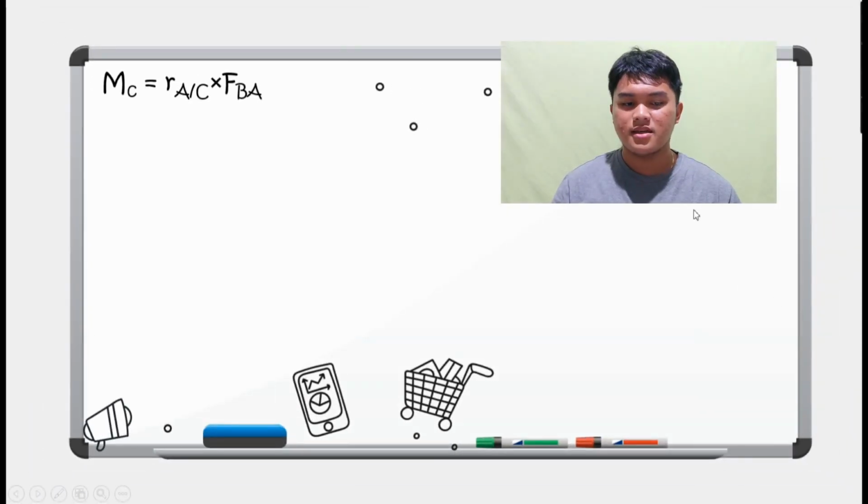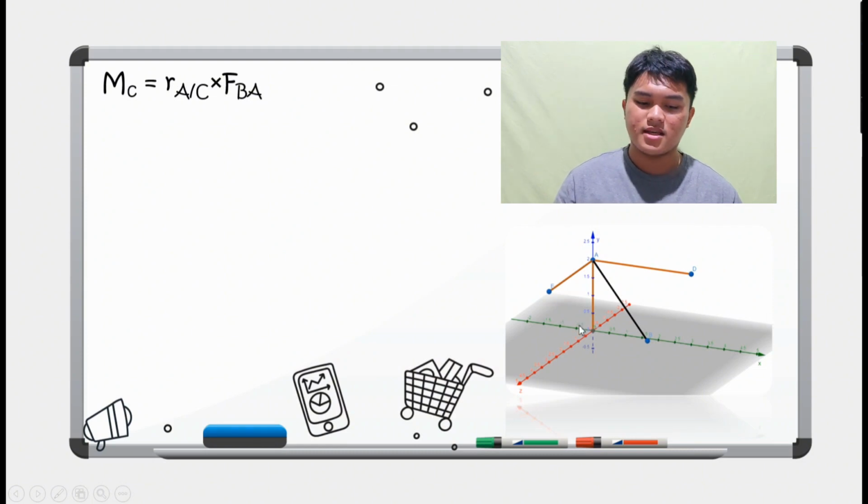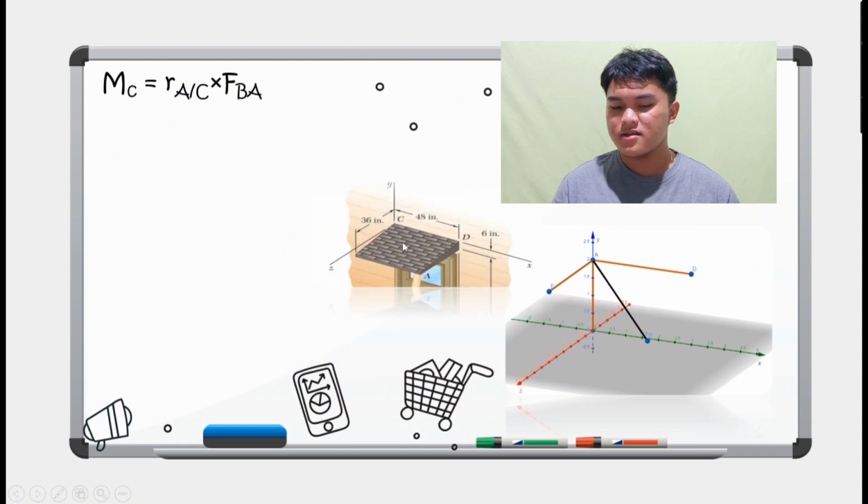So going back in here, we take a screenshot from our figure earlier. It still has the distance from point C to point A along with its components in the Z, Y, and X axes. We also take a closer version of our main figure, which is here. As you can see, we have these values, which will be used later on to find the components of RAC.